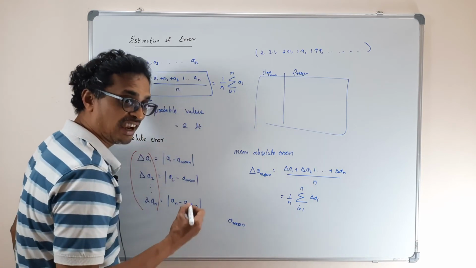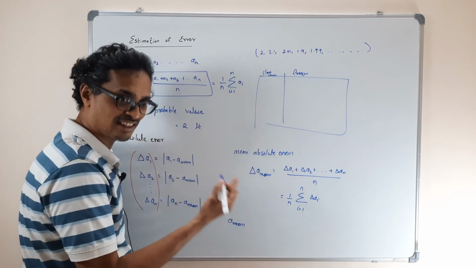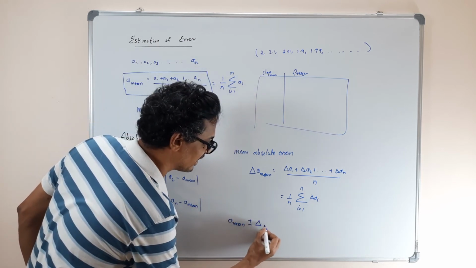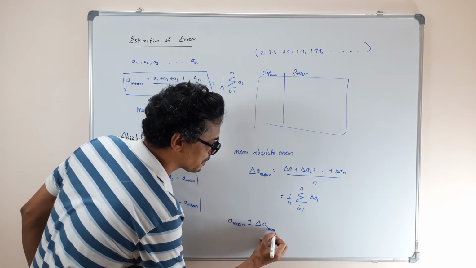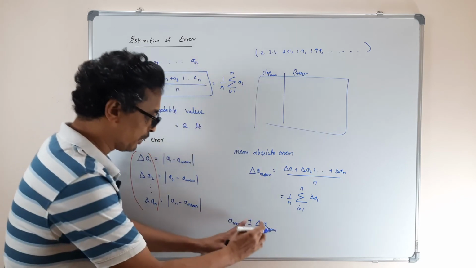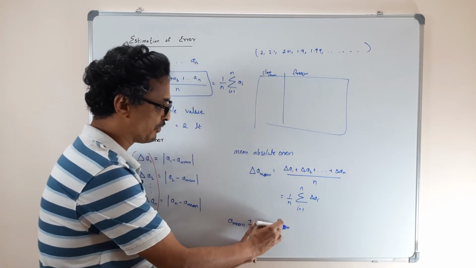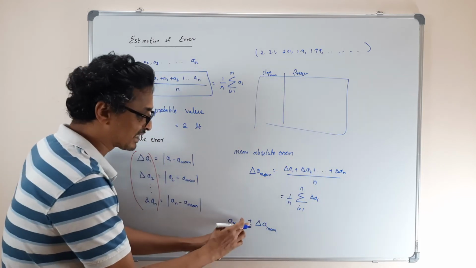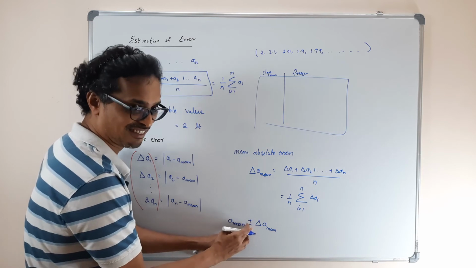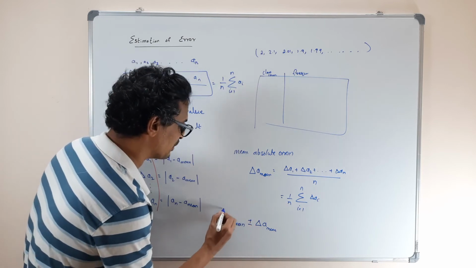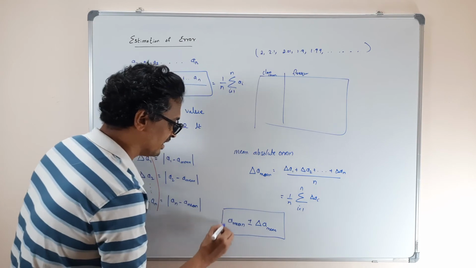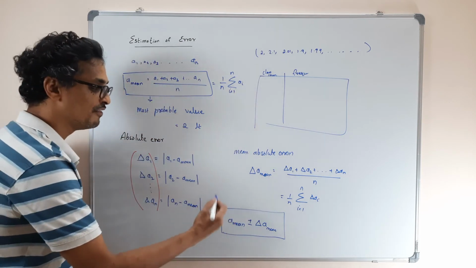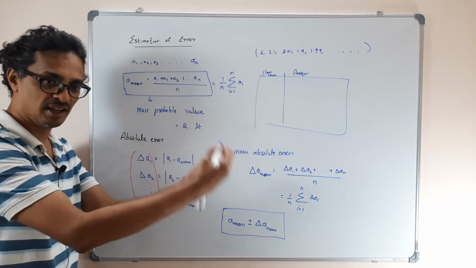So after doing the experiment 10 times, the value I got is the most probable value, that is A mean, and the uncertainty or the error in it is plus or minus delta A mean. Remember, delta A is always positive, we take only the magnitude. This gives a complete description of the value I have obtained from the experiment.